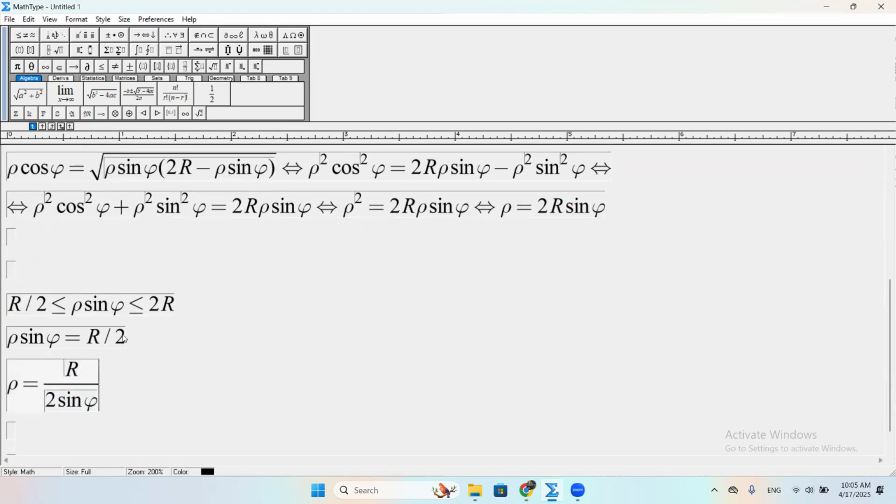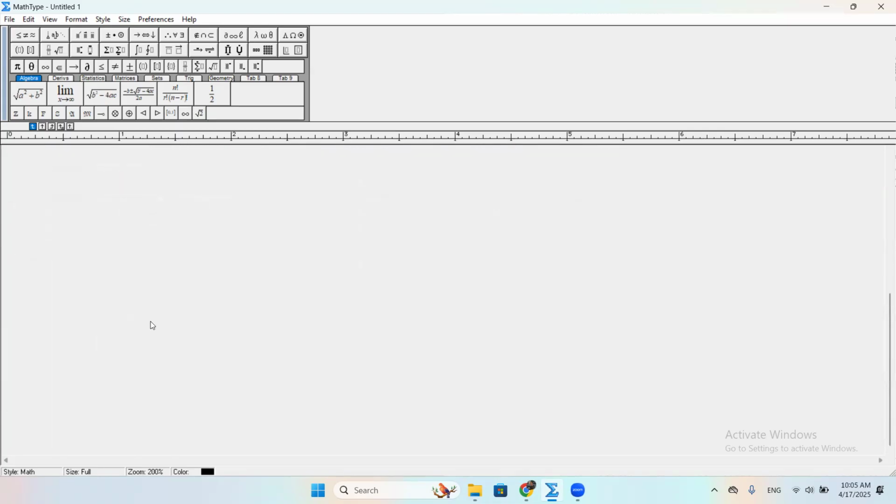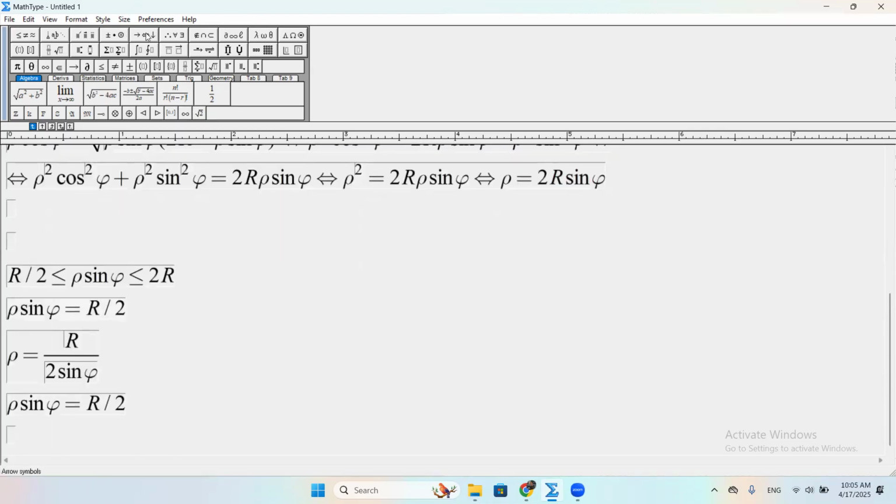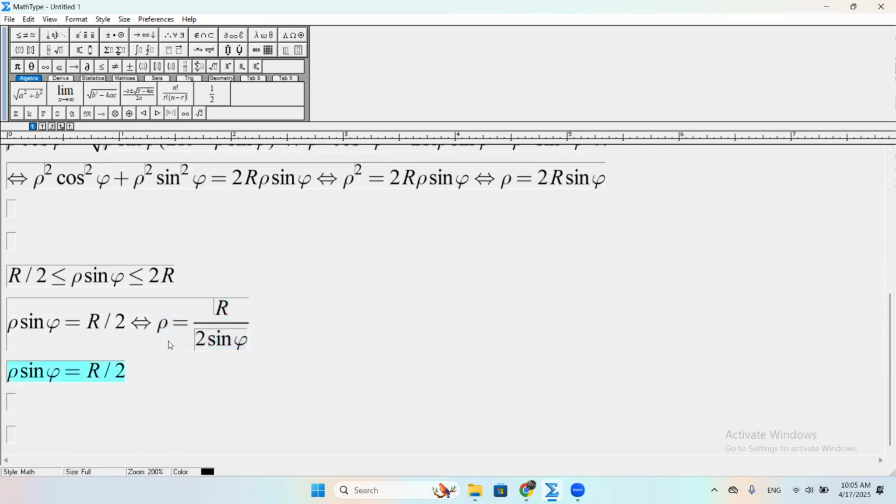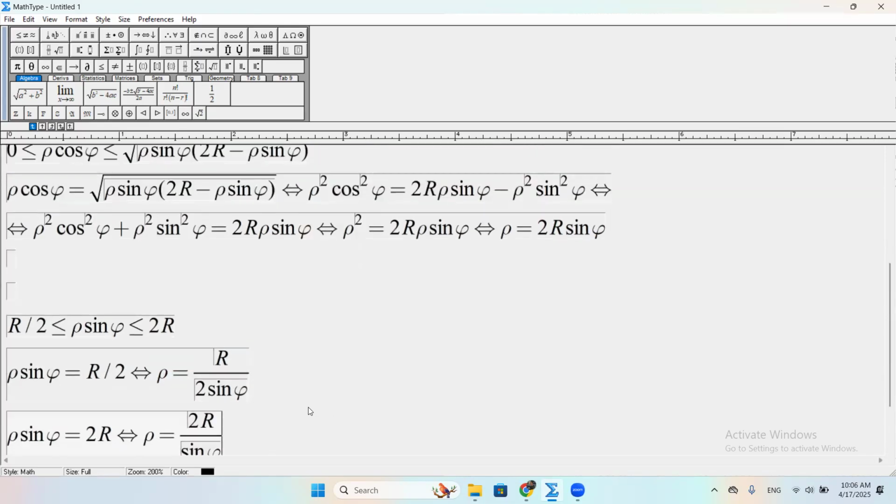And what about this part? Well, actually, the same stuff, but here it is 2r over sine of φ. So ρ equals 2r over sine of φ.